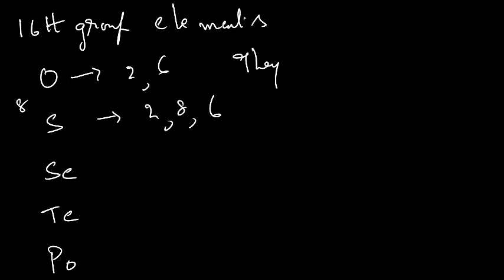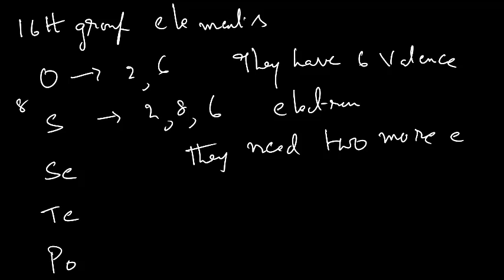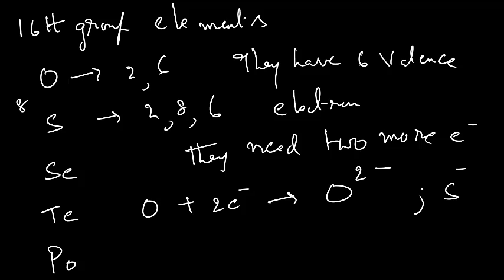Therefore, they have 6 valence electrons. Since they have 6 valence electrons, they need 2 more electrons. If oxygen takes 2 more electrons, it becomes O2 minus. Similarly, S2 minus, sulfide ion, oxide ion.